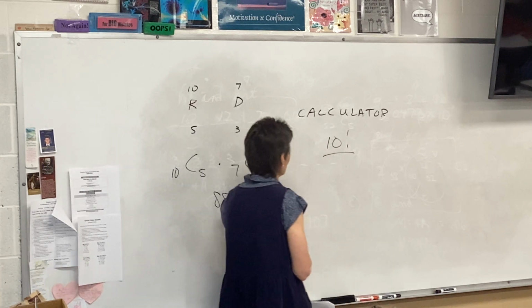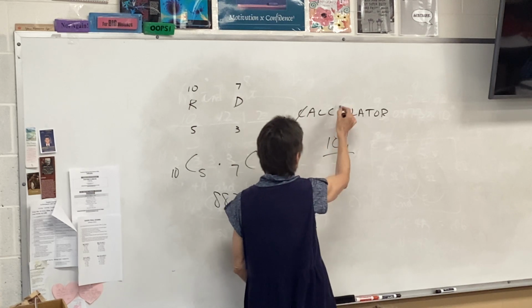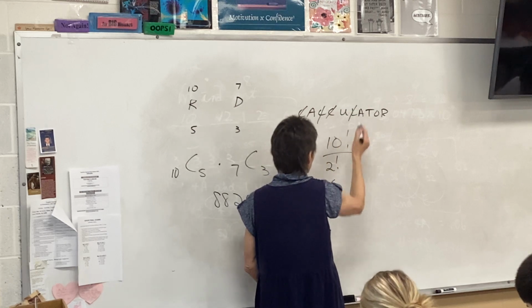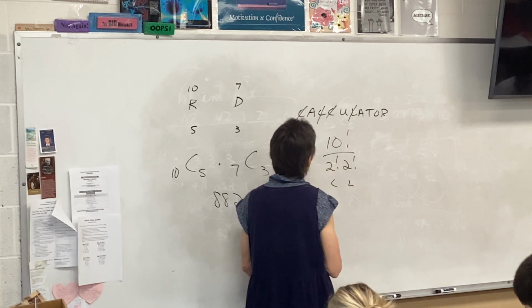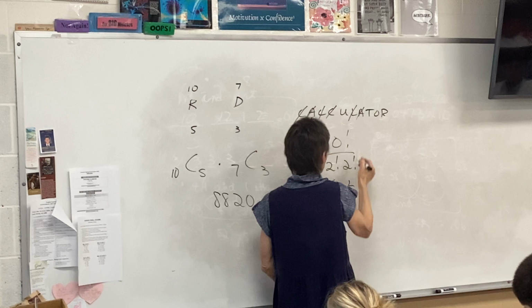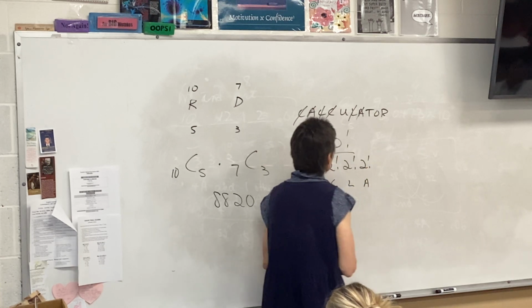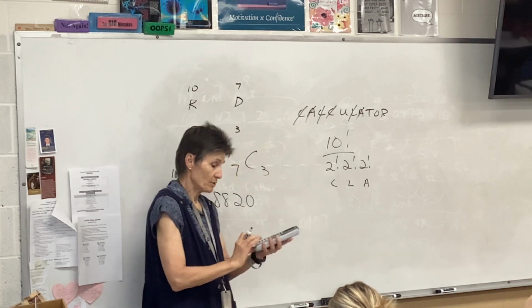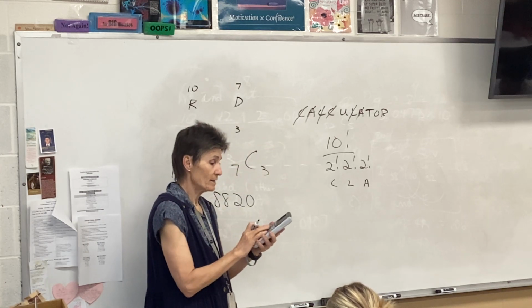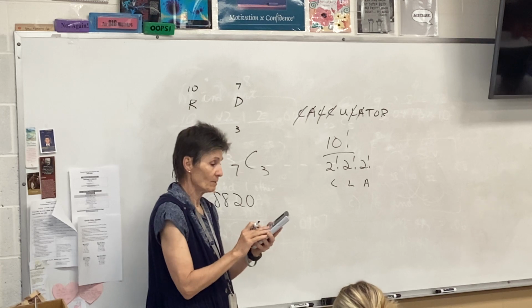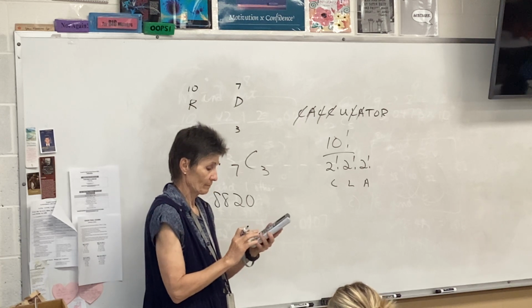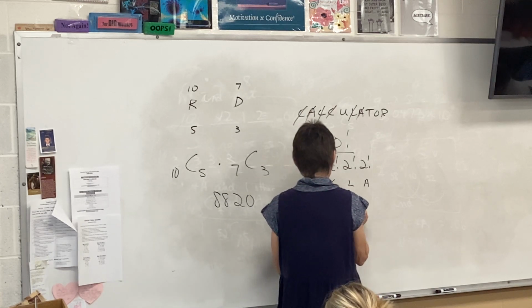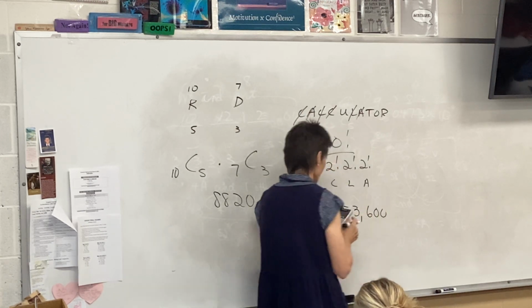And then what are we gonna divide by? 2 C's, 2 L's, 2 A's, and that's it. So when we do this, we divide, divide, divide. Everybody remember that? 453,600 is what I came up with.